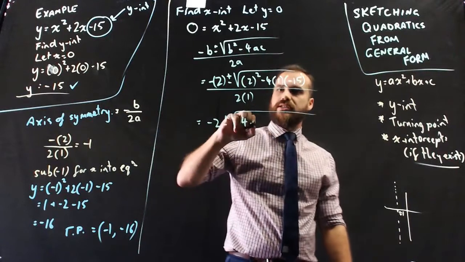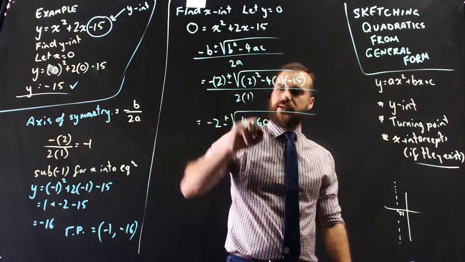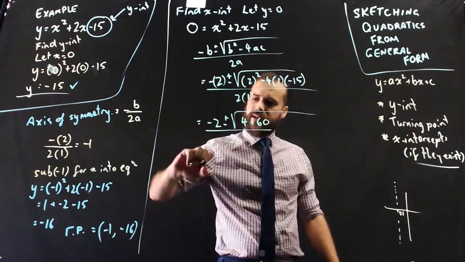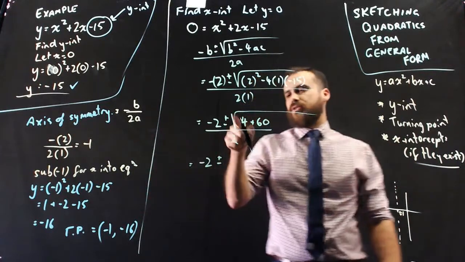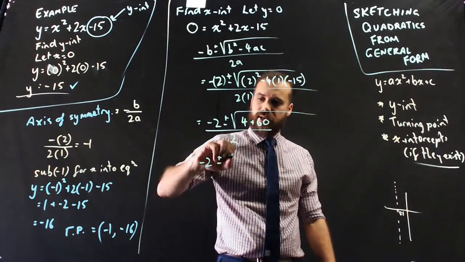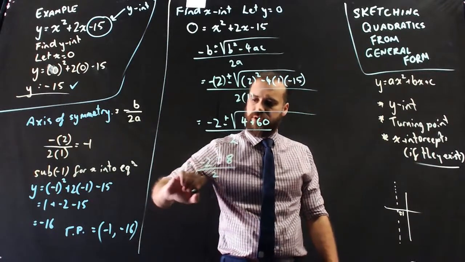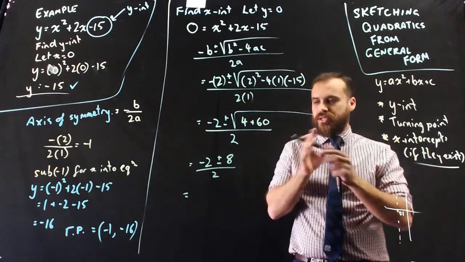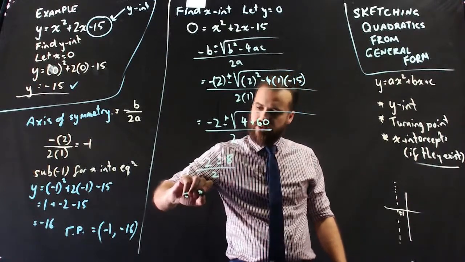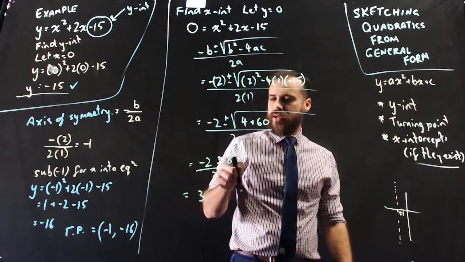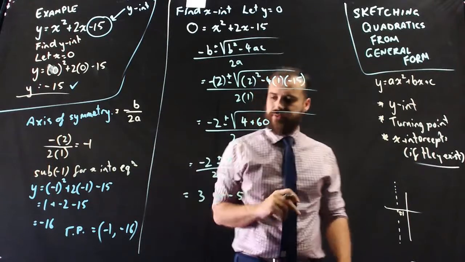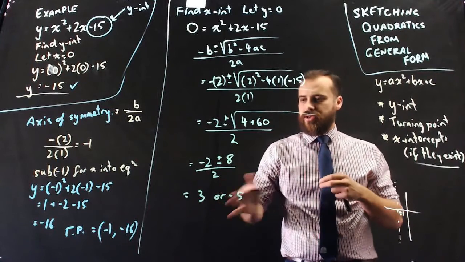Minus 4 times minus 15 is plus 60, all over 2 times 1, which is 2. This is going to come out neatly because the square root of 64 is 8. So it's going to be negative 2 plus or minus 8 over 2. And then we can just do our two answers. Negative 2 plus 8 is 6, divided by 2 is 3. And negative 2 minus 8 is negative 10 over 2, or negative 5. So we've got our two answers here, 3 or negative 5.